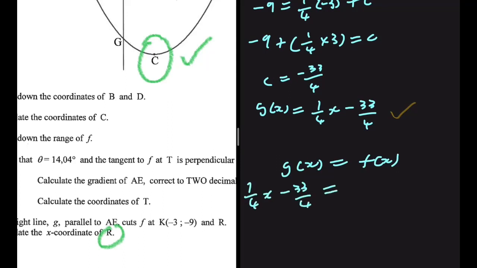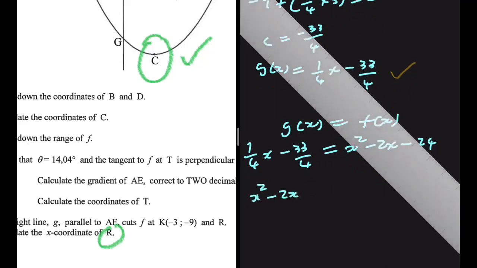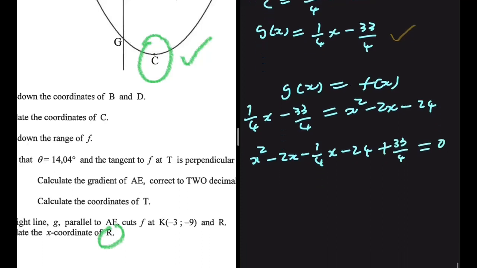And then f of x, on the other hand, we have x squared minus 2x minus 24. So if we rearrange this, we're going to get x squared minus 2x minus 1 divided by 4 x, and then minus 24 plus 33 divided by 4 equals 0.